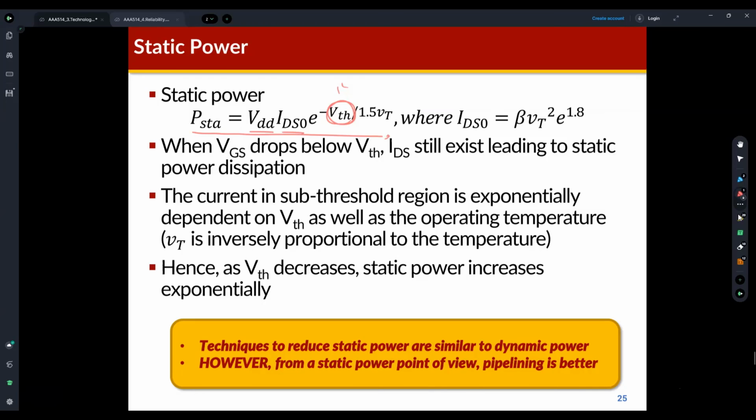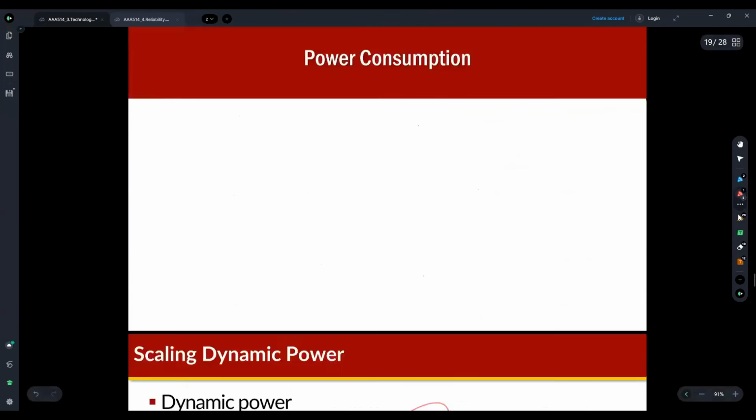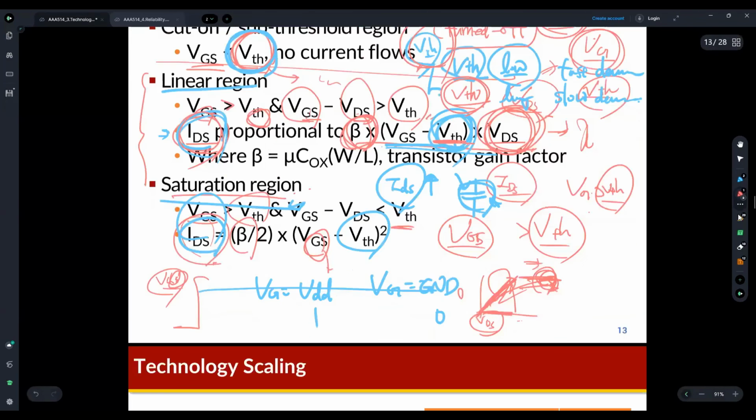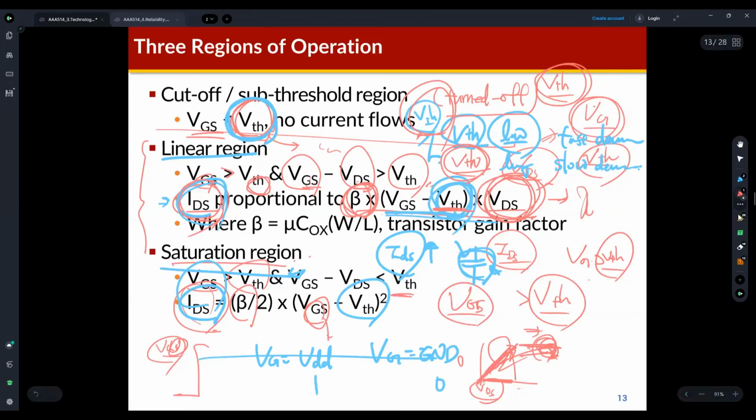The definition of static power means that static power is not defined in the three regions of the CMOS transistor operation, because static power is related to the cut-off region.